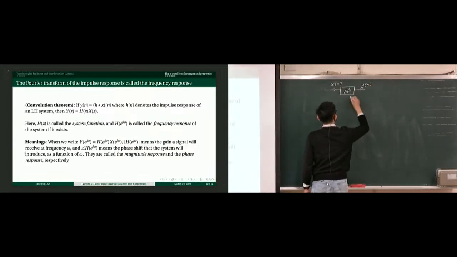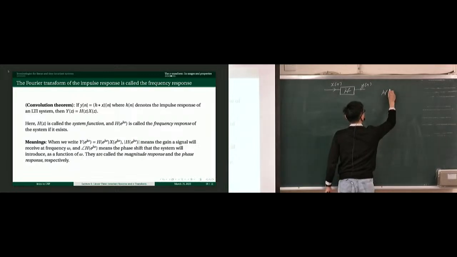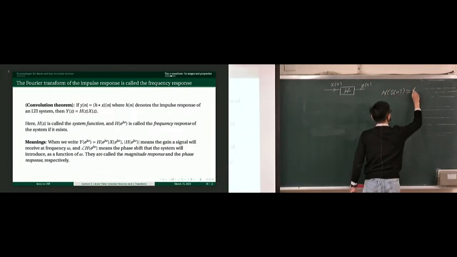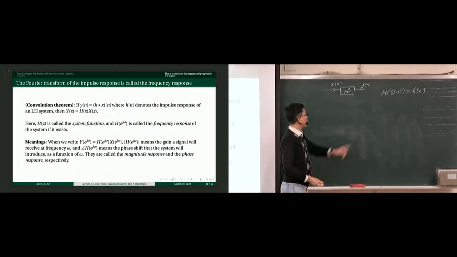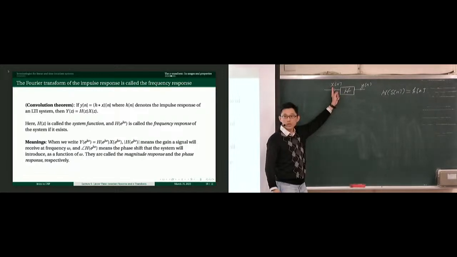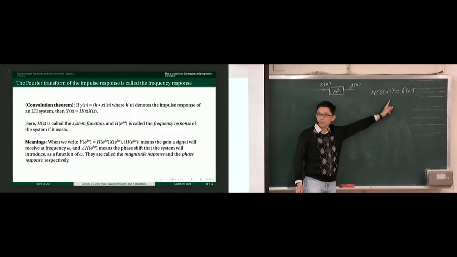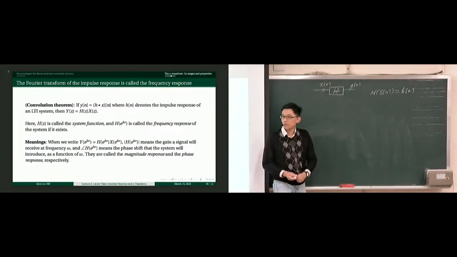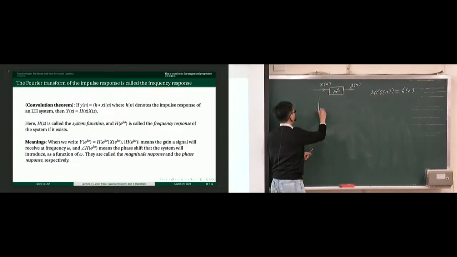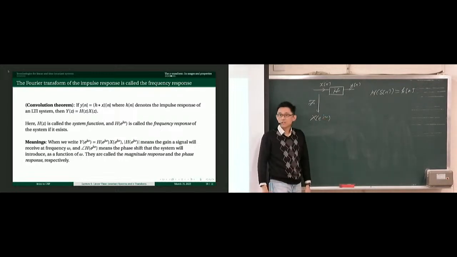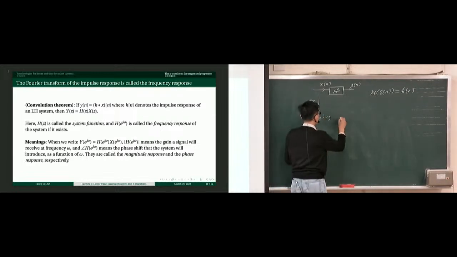We know that H is characterized by its impulse response, and that's all we need to know about the system. Sure, y equals x convolved with h. But there's another interpretation. We can go to the frequency domain first and calculate the spectrum.